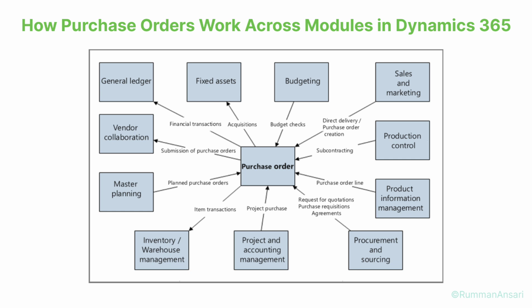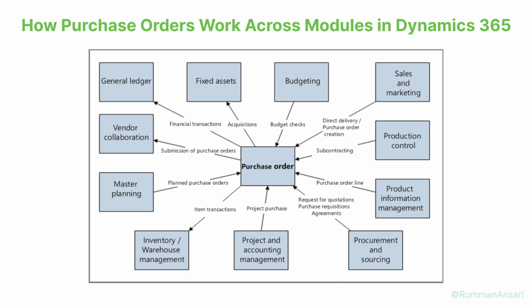So it helps with planning ahead. The system can generate planned purchase orders based on the forecast and demand. This helps ensure timely procurement and avoid stock-outs or overstocking. I hope now how master planning is involved with the purchase order is clear. It's planned for the purchase order.